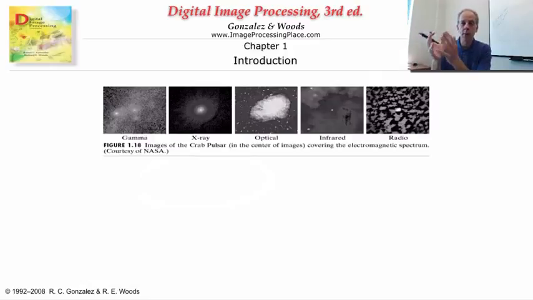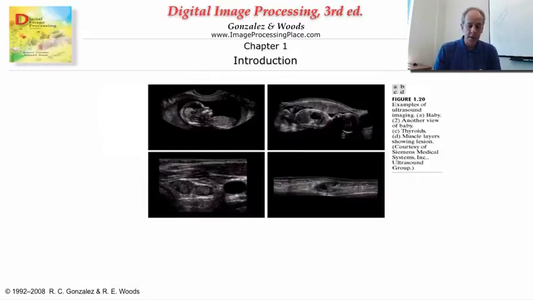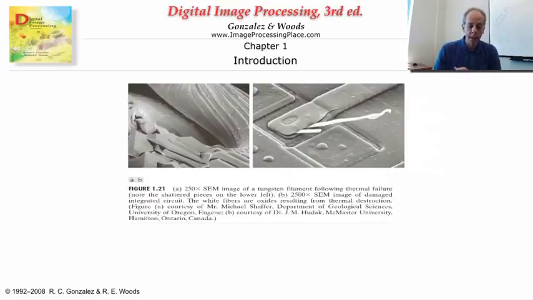So we are observing the same scene, but with different modalities, with different cameras, to say it in one word, and we can obtain different types of information. This is ultrasound, another type of image that we can acquire, and we are normally very familiar with this type of technology. And yet another type of images that we can acquire.